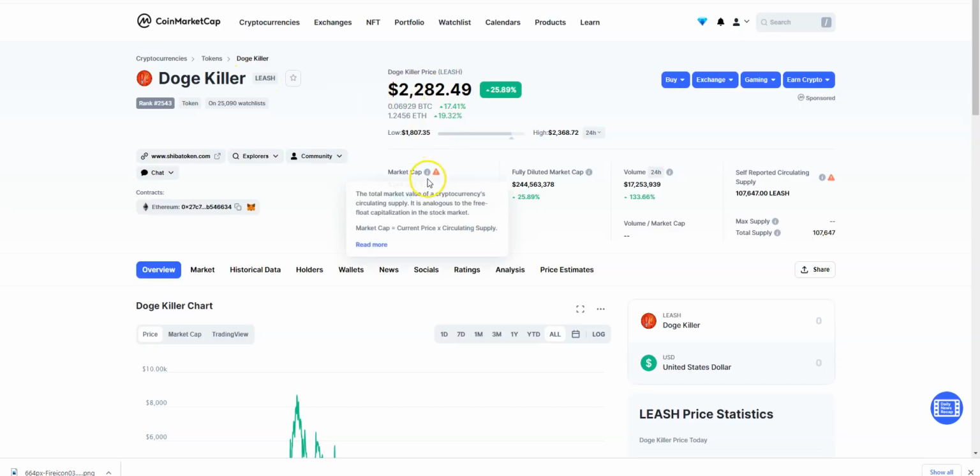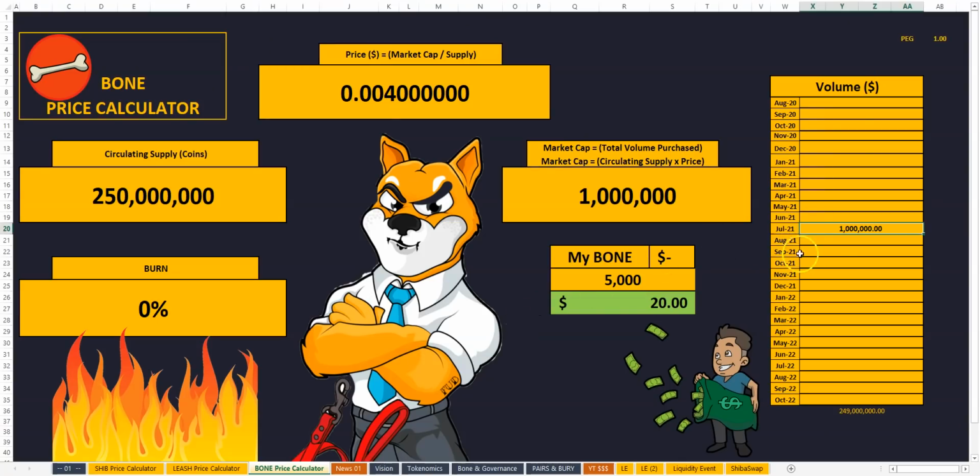And even at this price, we've been able to get 200 million. I mean, people have purchased 244 million worth. So if I was to put into my calculator, at the very least, because we'll definitely at some point be able to at least match the market cap of the Leash token.